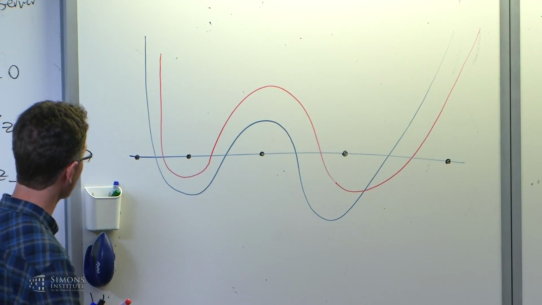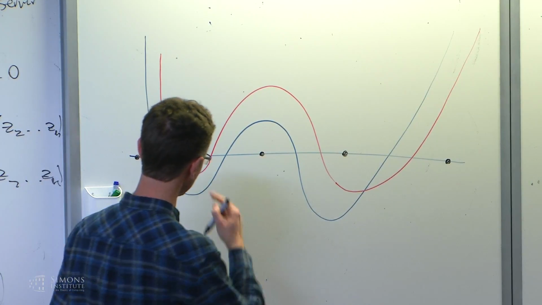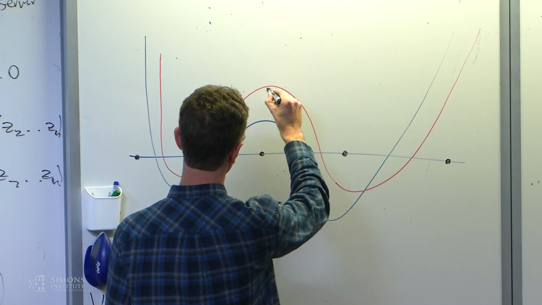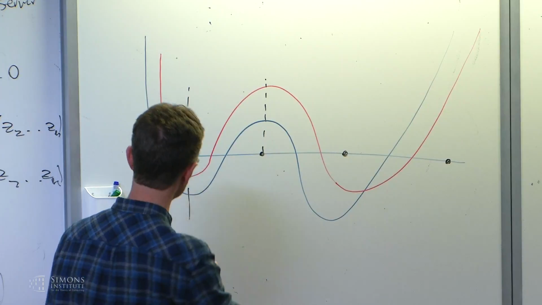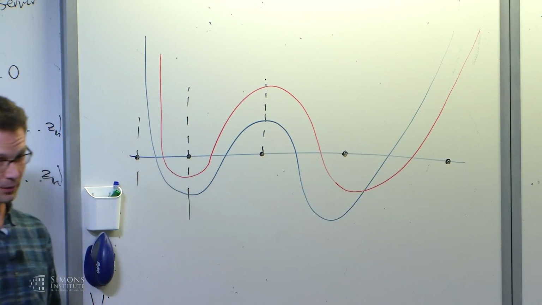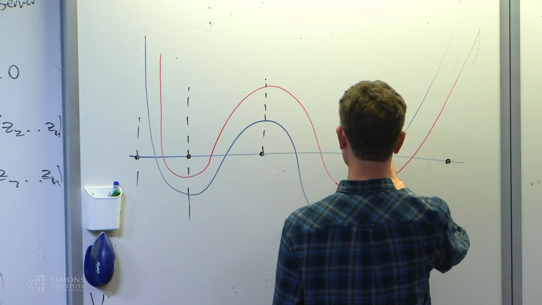Now when you evaluate these polynomials at the black points, let's also assume that these black points are not the roots themselves, that the roots are strictly between them.